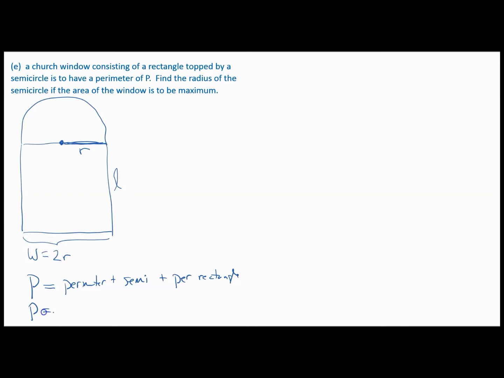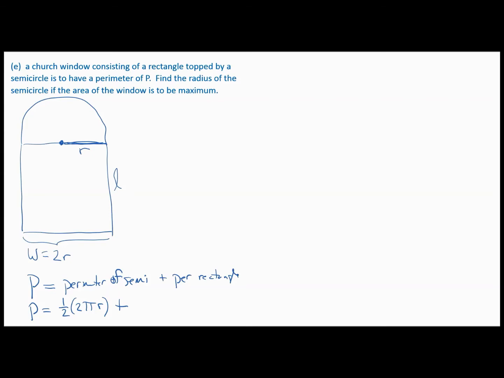So the perimeter of a semicircle. Now we know the perimeter of a circle is 2 pi r, right? But that's just half of it. So that's just going to be half of 2 pi r, which is just pi r. Plus, that's the perimeter of the semicircle plus the perimeter of the rectangle.